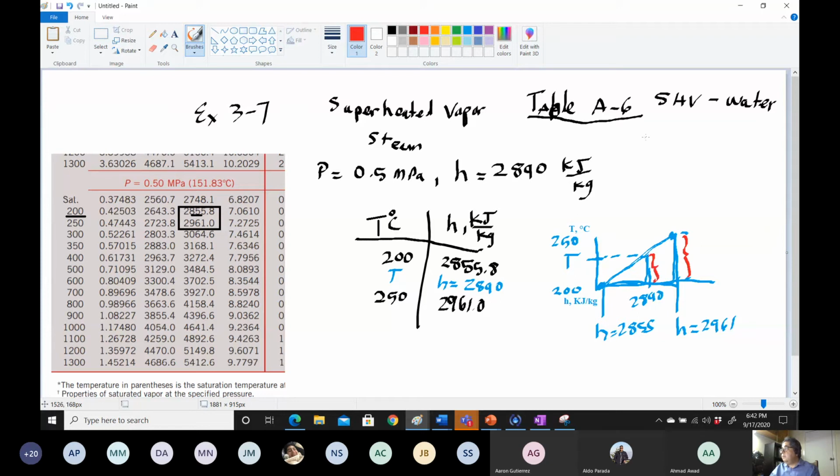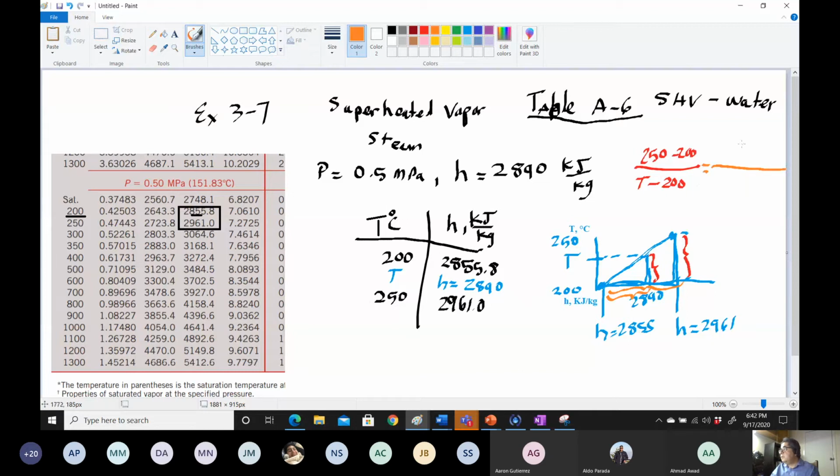So what's the height of that triangle? It's 250 minus 200, divided by the height of the little triangle, which is T minus 200. That is equal to the large base divided by the base of the little triangle.